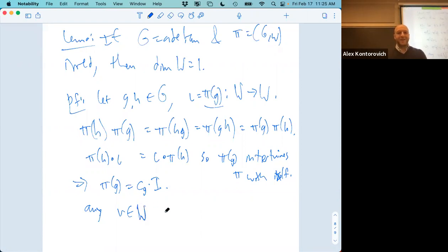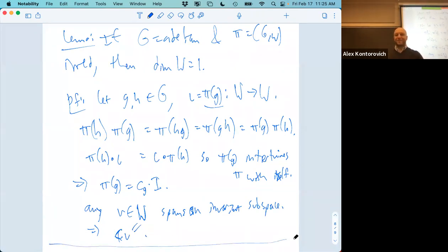Any v in V spans an invariant subspace. Well, if the thing's going to be irreducible, then V had better span all of W, which means the span of V, which I'll write as CV, is W. Okay, so that's what was happening.